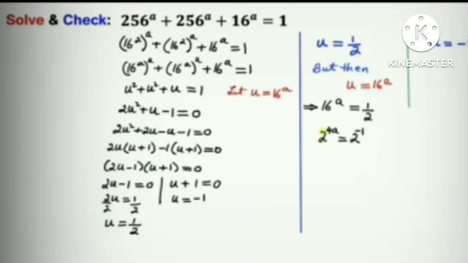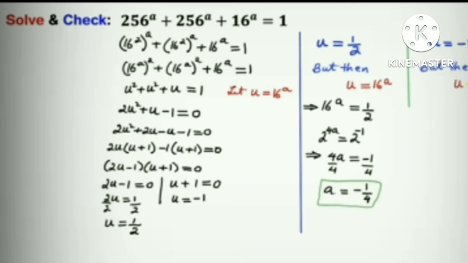And now we can see our bases are the same on both sides. So therefore we can equate our exponents as well. So we can write 4a equals negative 1. The a value turns out to be negative 1 over 4. And now let's focus on this other equation, u equals negative 1.